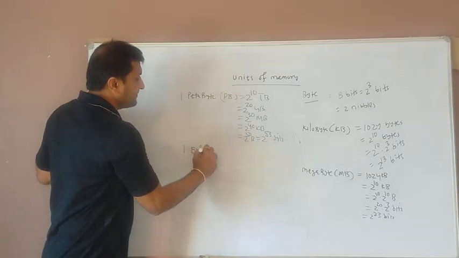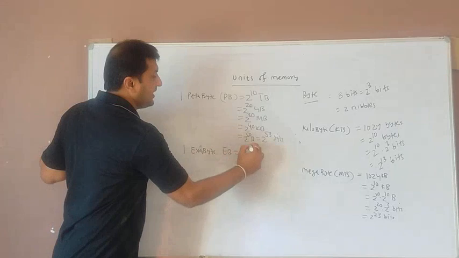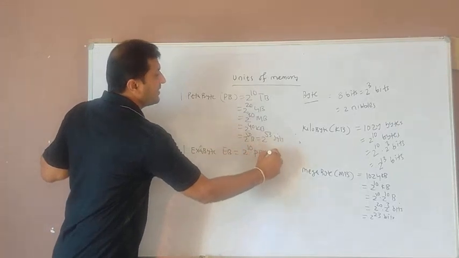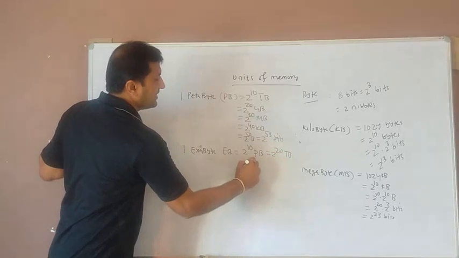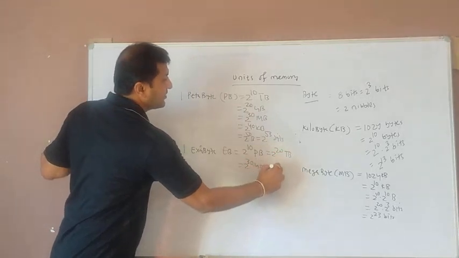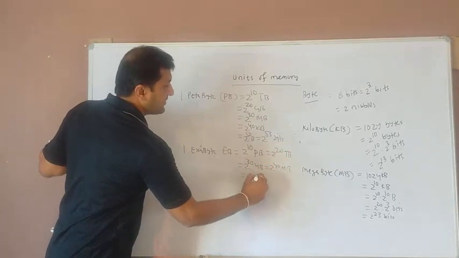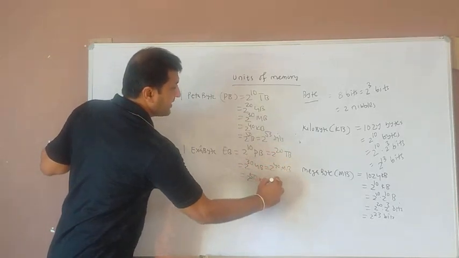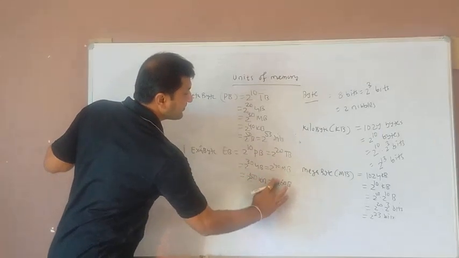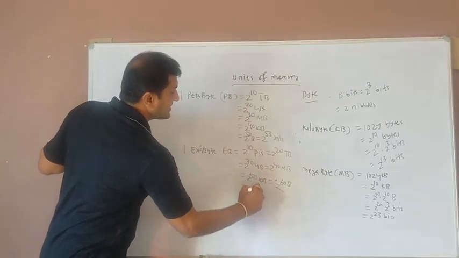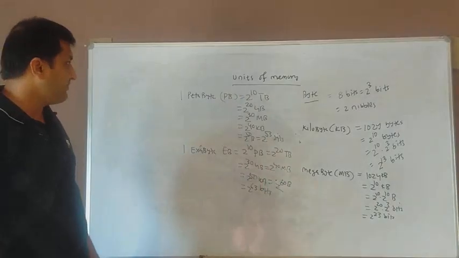1 exabyte, 1 EB, equals 2 to the power 10 PB, 2 to the power 20 TB, 2 to the power 30 GB, 2 to the power 40 MB, 2 to the power 50 KB, 2 to the power 60 bytes, 2 to the power 63 bits. This is the next unit of memory.